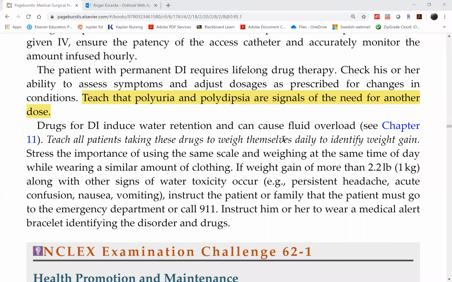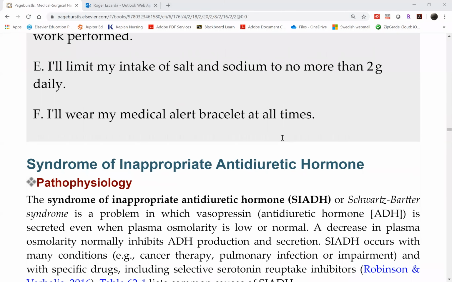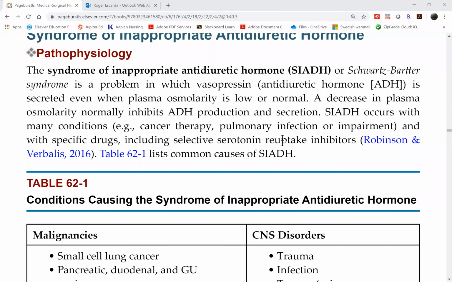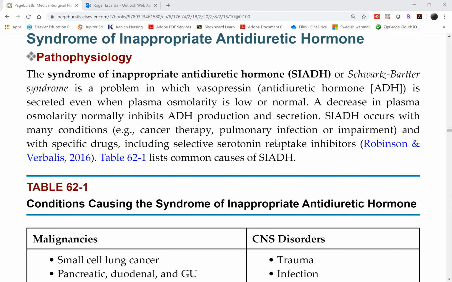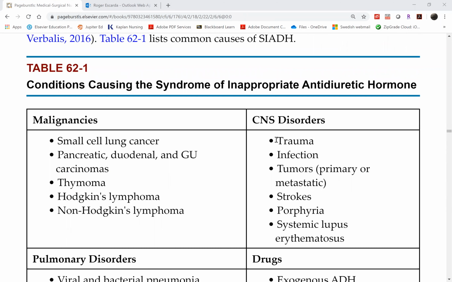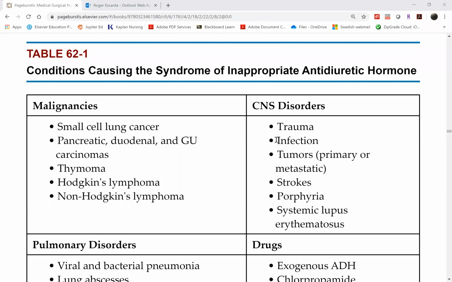Alrighty then. Let's do the opposite. So we went from having not enough antidiuretic hormone to this time too much antidiuretic hormone. Causes vary. This is a common complication of stroke.